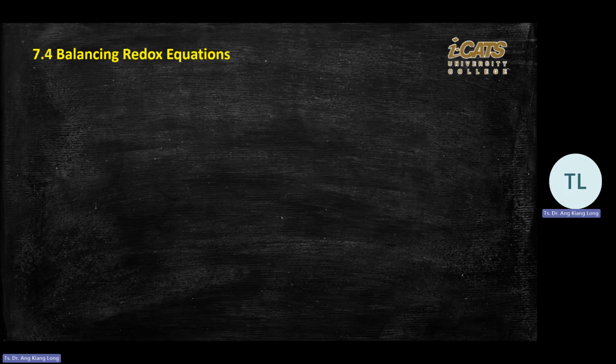Because A is having oxidation, B will have reduction. You don't have oxidation at the same time. So when you have reduction, it also means that it is an oxidizing agent.